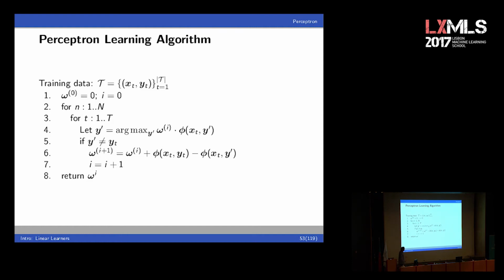And why is it called perceptron? Because it was thought of as a simple neural network when they started out doing this. So if you read the original papers, they are full of talk about neurons and the brain and so on.